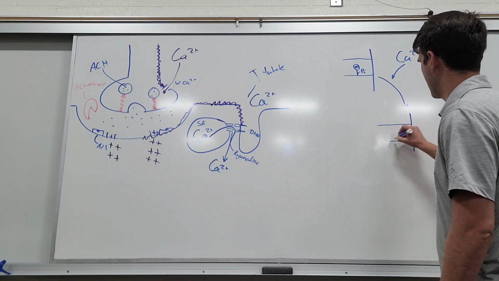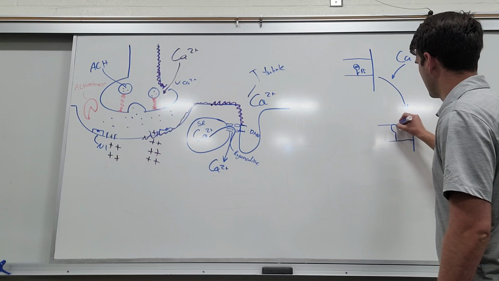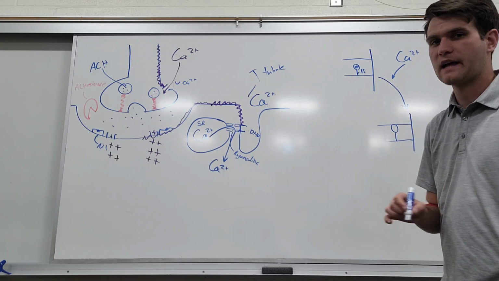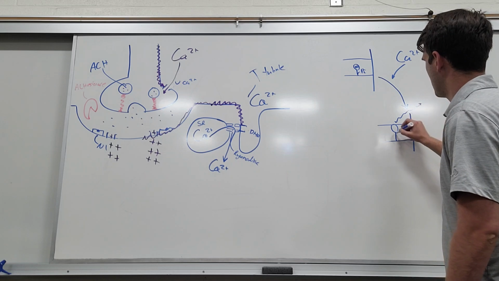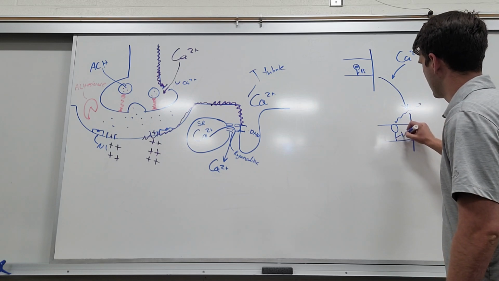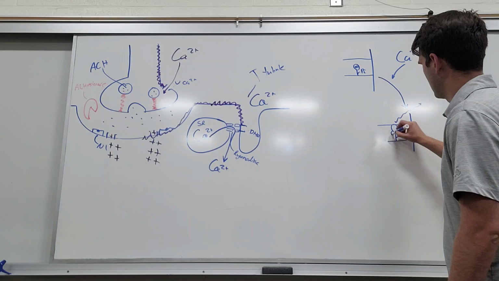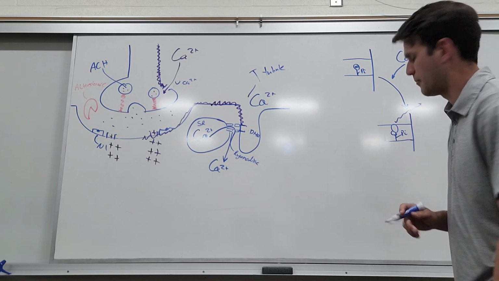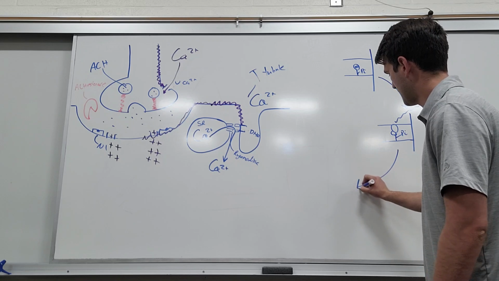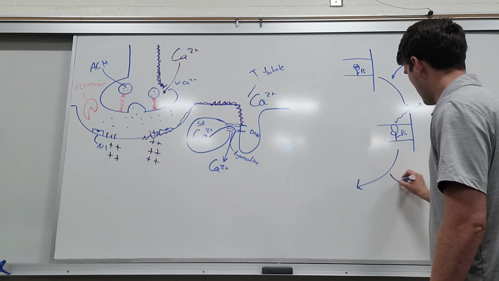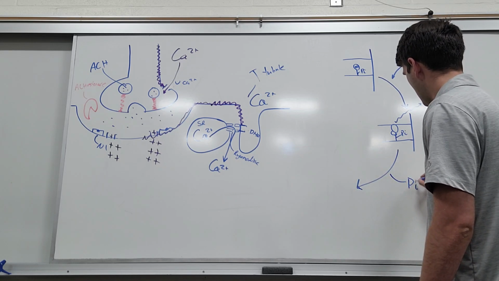And now our myosin is able to bind to our actin, and it's going to release some energy and heat out of it, but it's also going to release some energy that's going to go in and break that phosphate off. So now we go to our next step here. So now our phosphate is going to break off here.